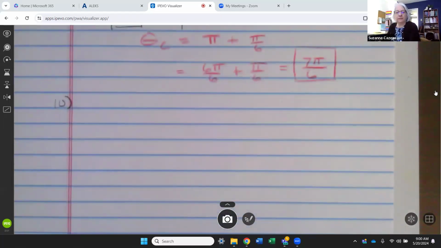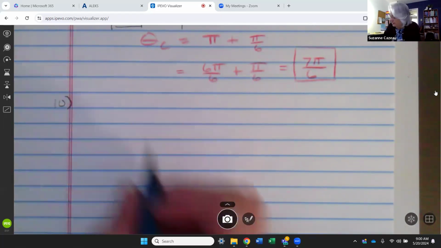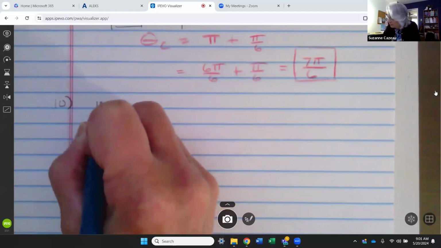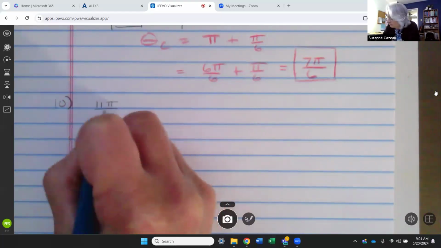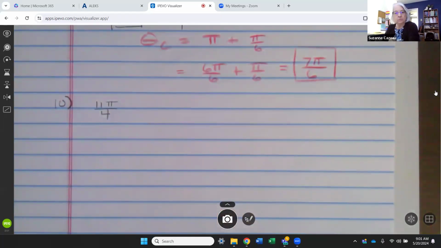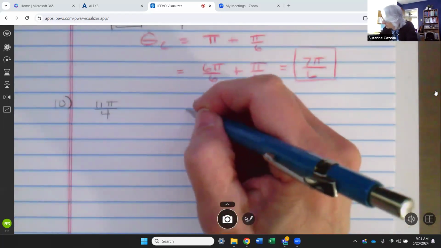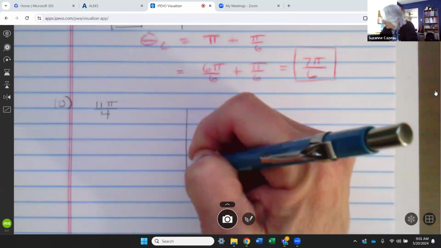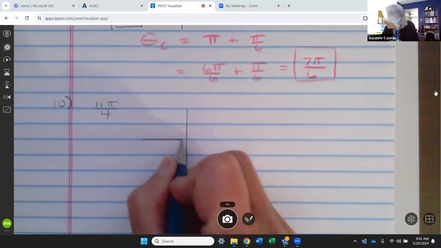Number 10 says, draw the angle in standard position and state the quadrant in which the terminal side of the angle lies, or the axis on which the terminal side of the angle lies. Now this is 11 pi over 4. Okay, so it's positive, so I know which direction to go on the circle.